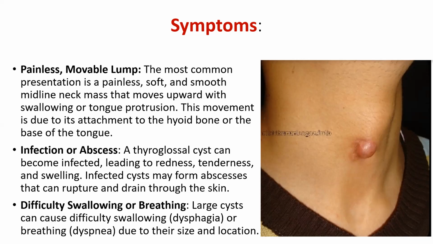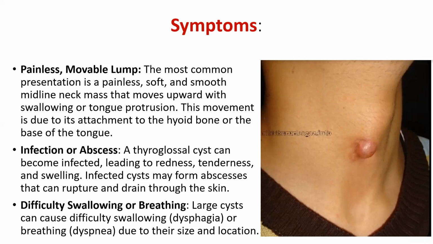So once this cyst gets infected, it will form an abscess. As with any other abscess, there will be redness, tenderness, and swelling. The infected cyst may form an abscess that can rupture and drain through the skin, forming a fistula, which will be chronically discharging.